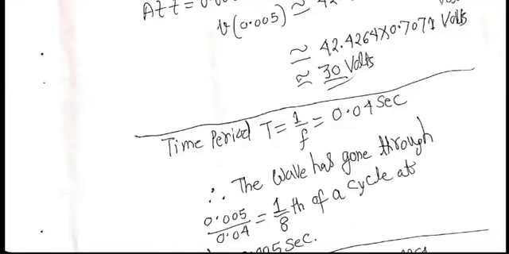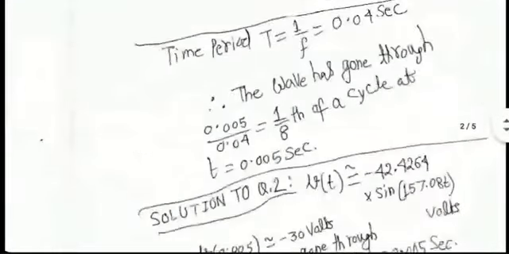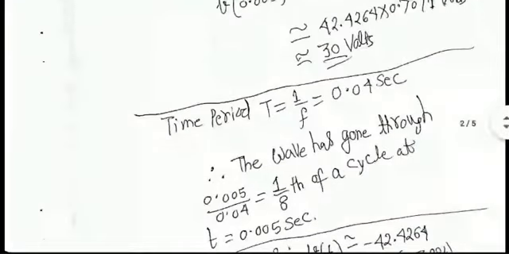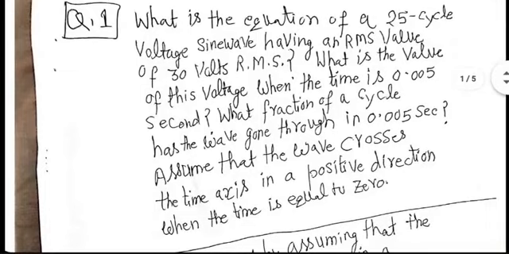So the full time period is 0.04 second. And in 0.005 seconds, what fraction of the cycle has been completed? That is the question. You take the ratio, 0.005 divided by 0.04, which gives you 1 by 8. So 1/8 of the cycle has been completed when small t equals 0.005 second.